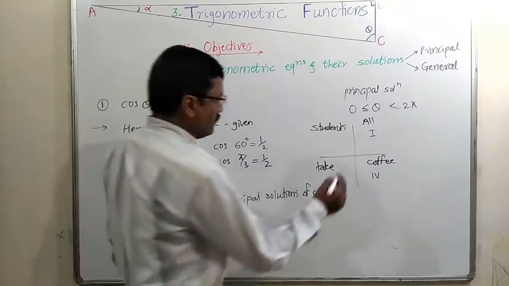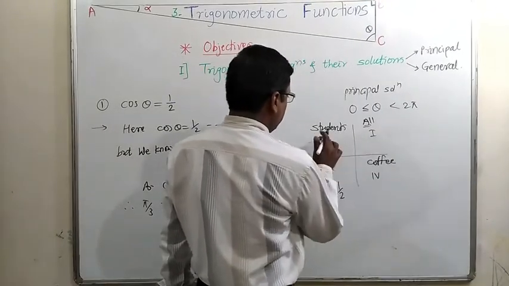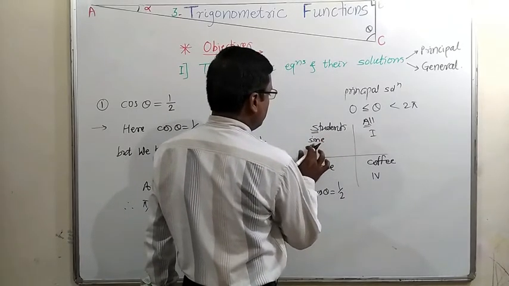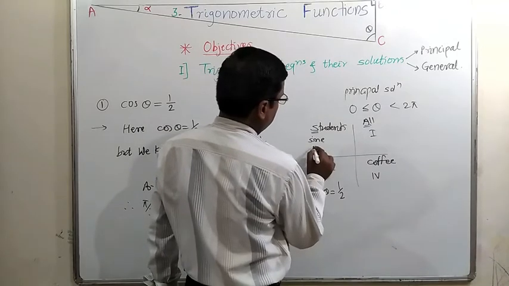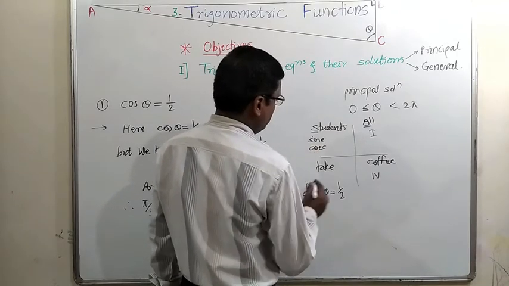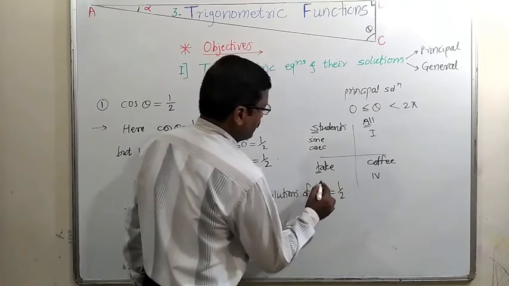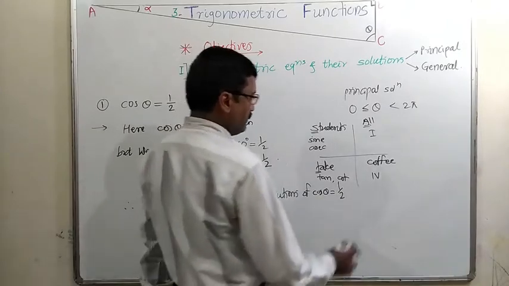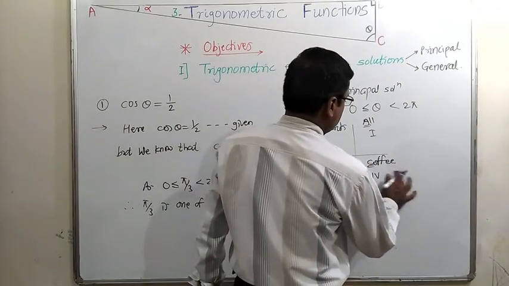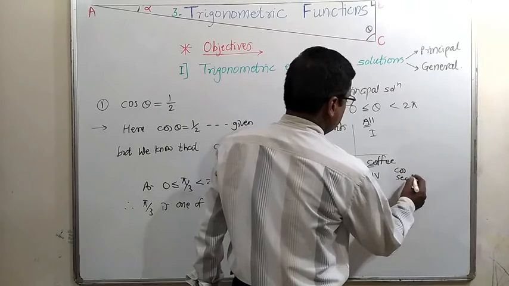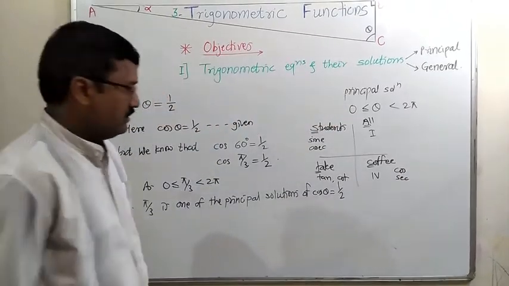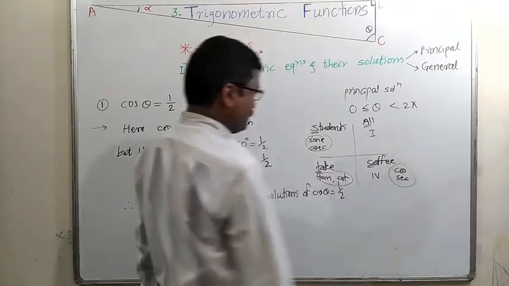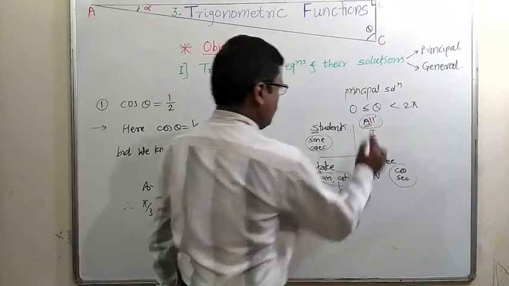All means all trigonometric ratios are positive here. S means sine and cosec are positive here. T for Take, T for tan, tangent and cotangent are positive here. Coffee means cos and sec. These ratios are positive here. So here sine and cosec, tan and cot, and cos and sec are positive, and here all are positive.